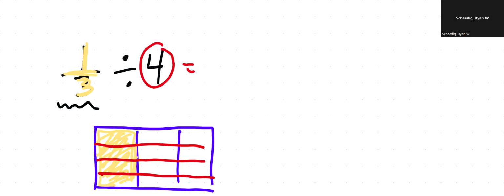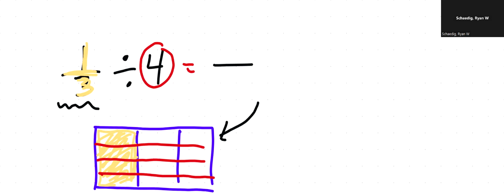And if we look at that, we have to think about what each one of those pieces is now. And we have to look at it as a whole. So when I look here, we never got more than a whole. So this is going to be a fraction. That is for sure.